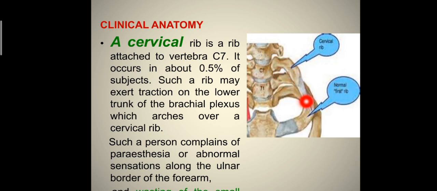This rib is known as the cervical rib, and through a fibrous band it is attached to the superior surface of the first rib. If this rib is present, there is traction on the lower trunk of the brachial plexus, which arches over the cervical rib. So the brachial plexus arches over it and there will be traction of the brachial plexus.